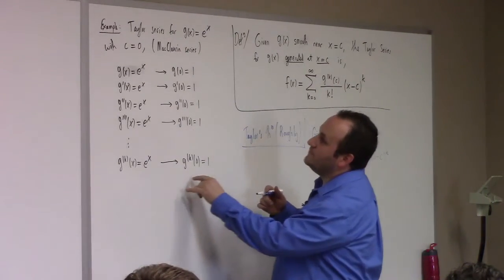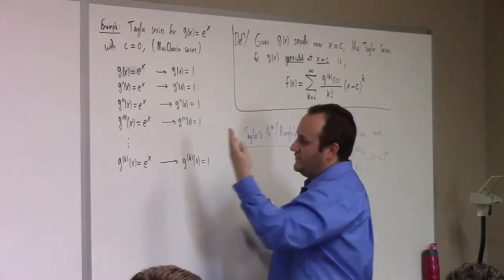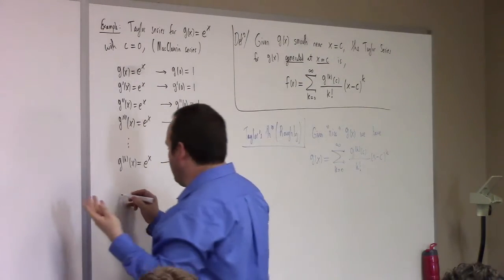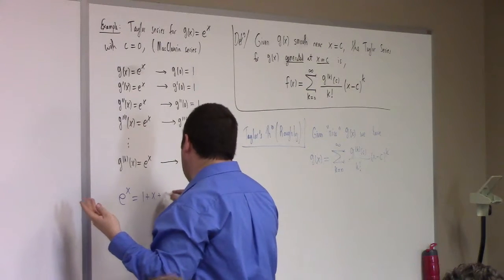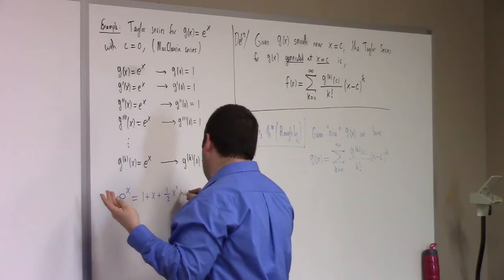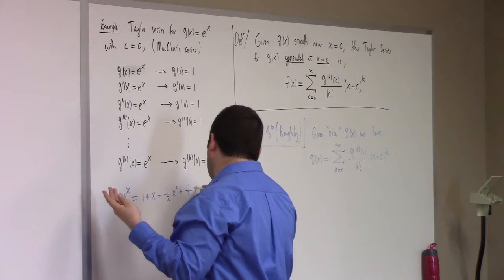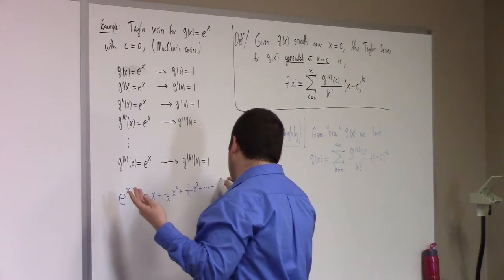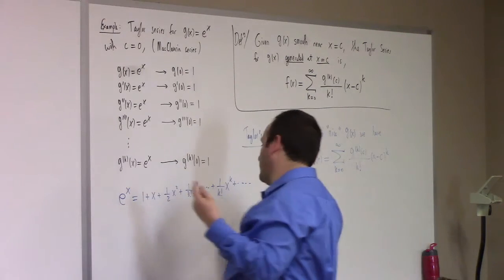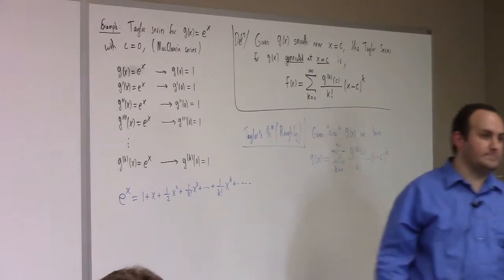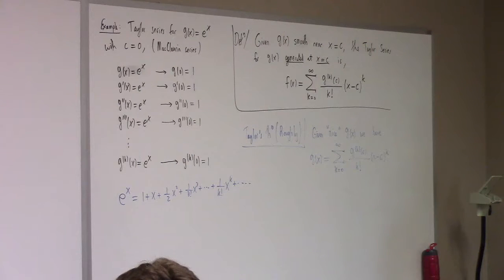Yeah, okay. So what's the Taylor series for e to the x? The Taylor series for e to the x centered at 0 is 1 plus x plus 1/2 x squared plus 1 over 3 factorial x cubed plus and so on, plus 1 over k factorial x to the k, and so forth and so on forever and ever. How do I know that? Where did those fractions come from?